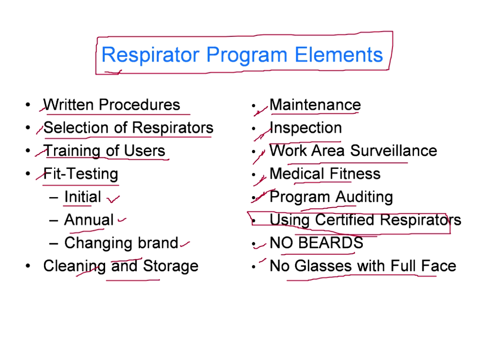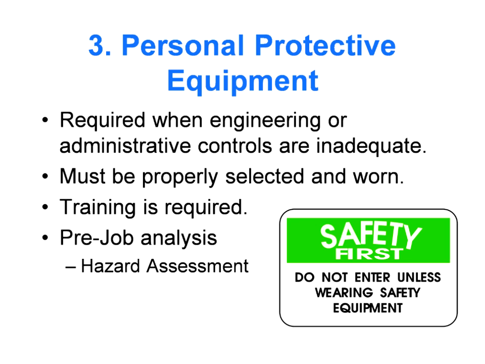So these are all the important points to be considered when you're doing respirator programs. Written procedures, selection of respirators, training of the users, fit and testing, clean and store, maintain, inspect, work area surveillance, medical fitness, audit the safety program.